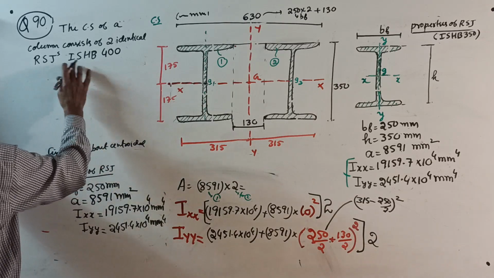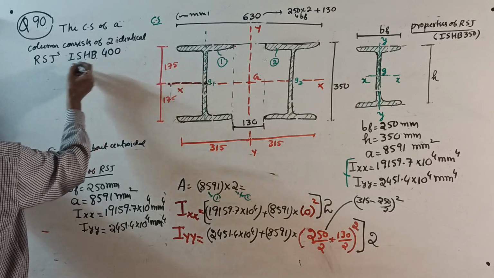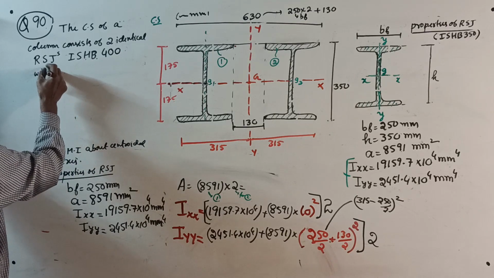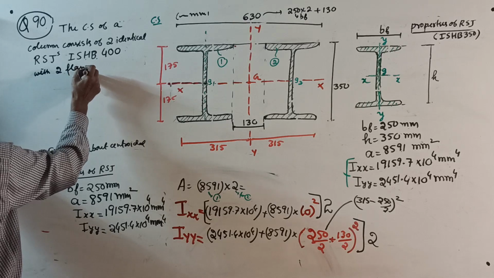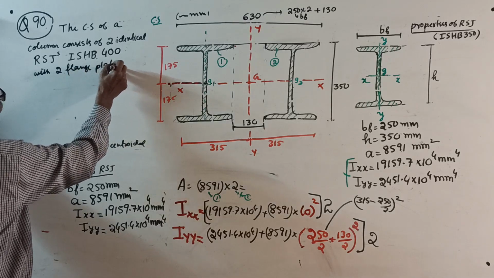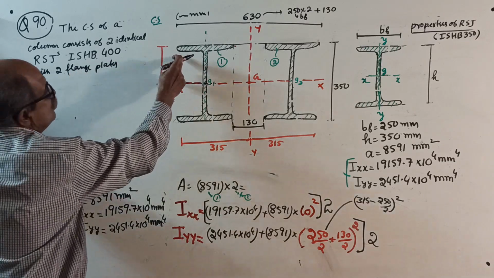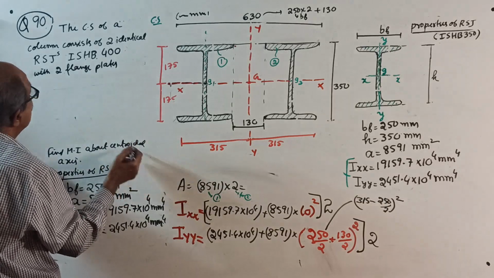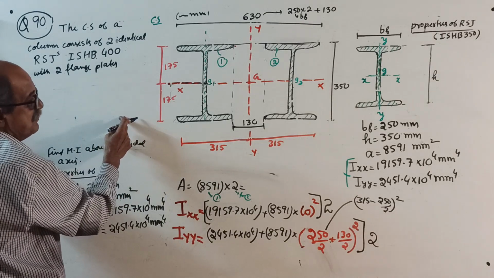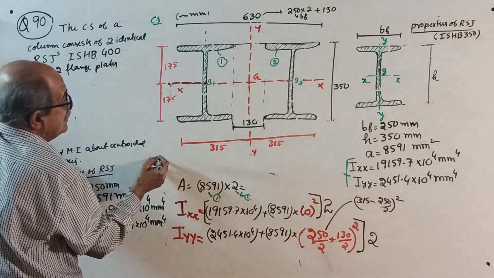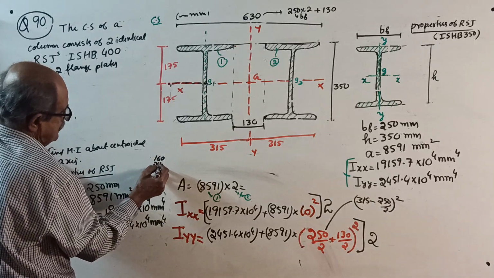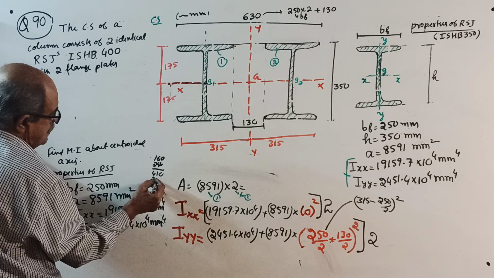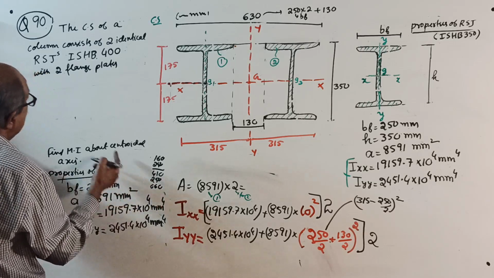See, 2 identical RSJs, ISHB 400, with 2 flange plates. 250 plus 250. How much am I taking for the center? 250 plus 160 is 410. 410 plus another 250 is 660.